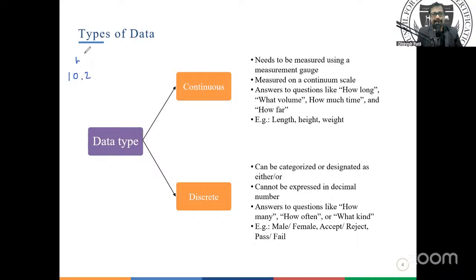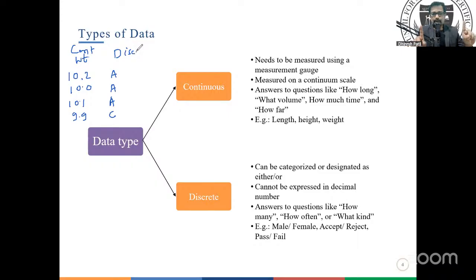Second chocolate is 10.0, third chocolate is 10.1, fourth chocolate is 9.9. So here I will say accept, accept, accept and reject. Now this first column of data is continuous data and the second column is discrete data. Are you clear with this? Just give me a yes in the chat box.